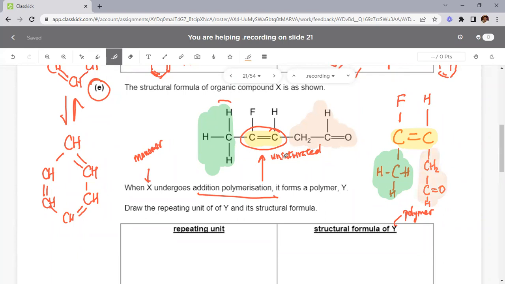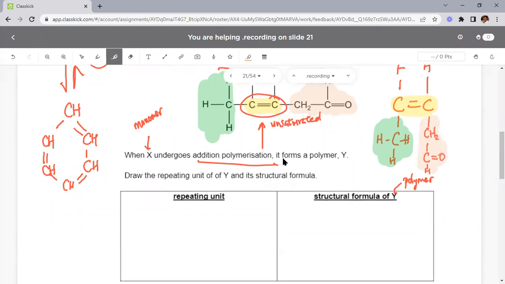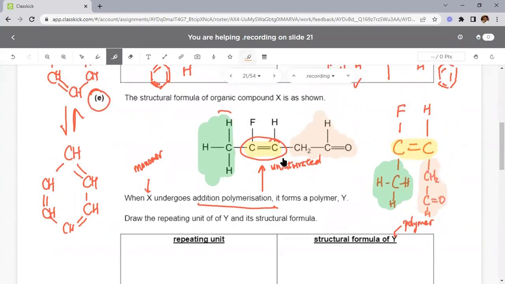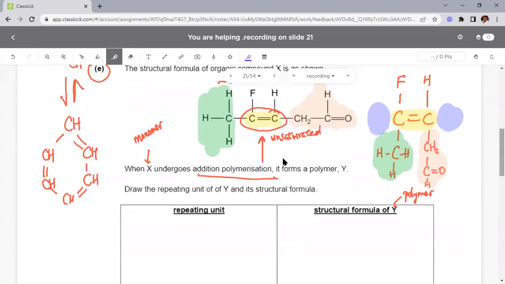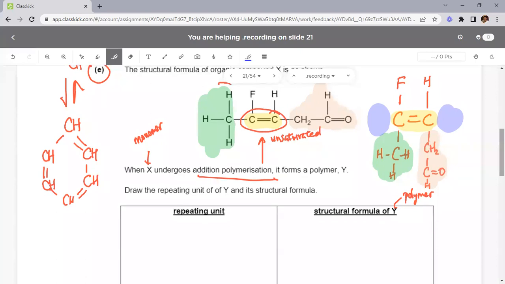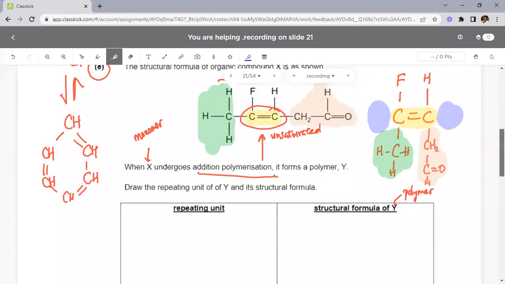So now you can see that my molecule, I can do addition polymerization because my left side and my right side is empty. Okay, my two blue sides are empty, so I can definitely do my addition polymerization easily. I can visualize it better. Okay, so the rearrangement is actually for better visualization.